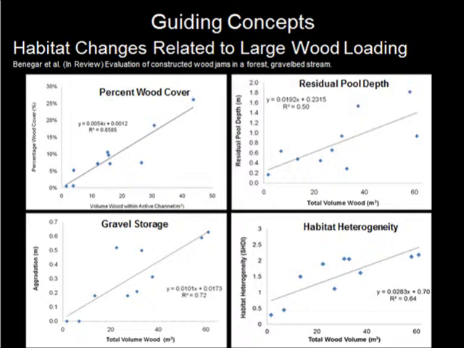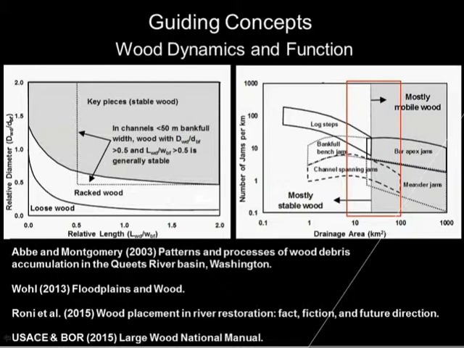The more wood you add, the more cover you get, the more residual pool depth or scour. The more wood you add, the more habitat heterogeneity or facies heterogeneity, and similarly, the more channel stored gravel. We take those principles in combination with other work.